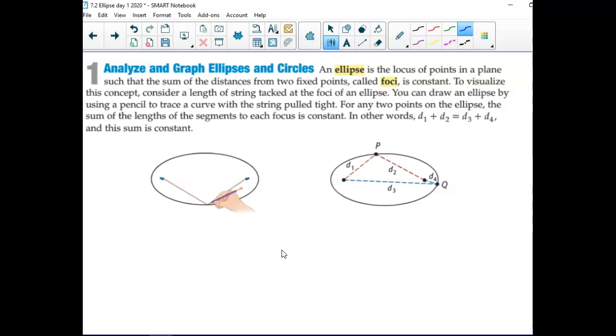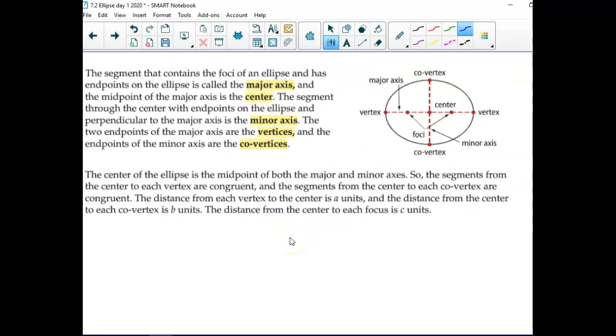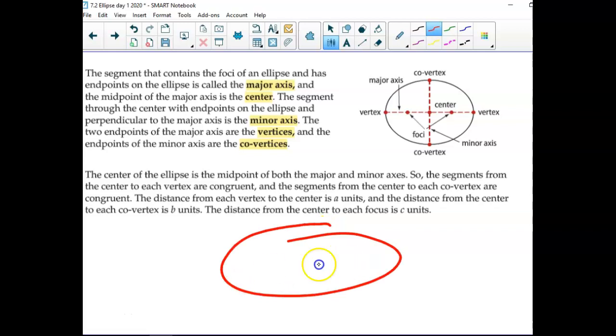All right. Here we go. So the fancy definition that you don't ever have to quote for me is that this total length of string, or D1 plus D2, has to be equal all the way around. All right, when you start drawing these and you squish it out this way, the longer axis and the shorter axis have different names because you've squished it, okay?